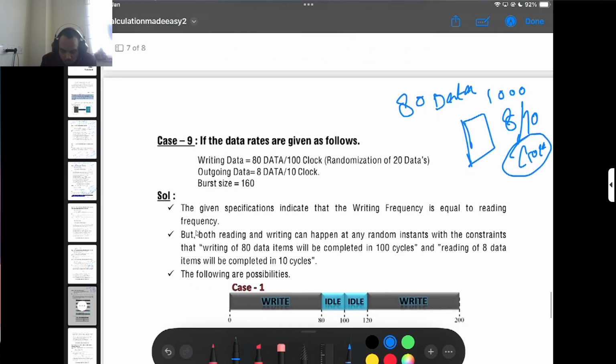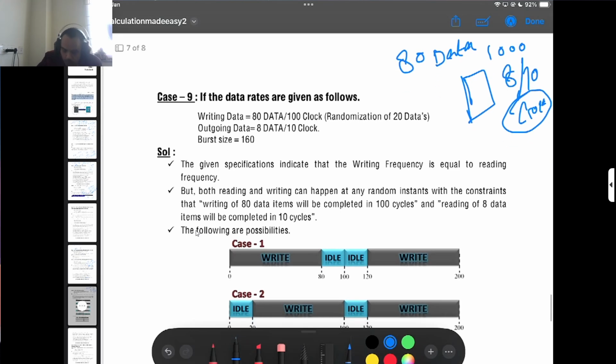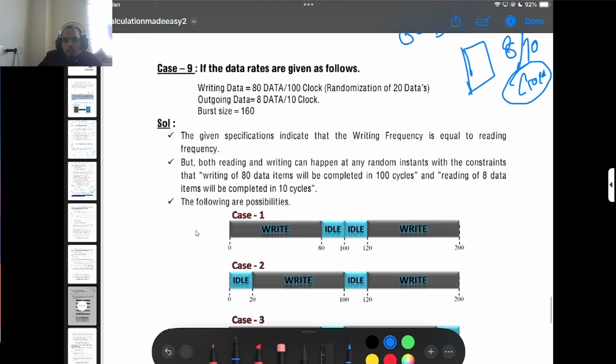8 per 10 clock. So the given specifications need to give the required frequency. The given specification indicates that the writing frequency is equal to the reading frequency, but both reading and writing can happen at any random instance with the constant.